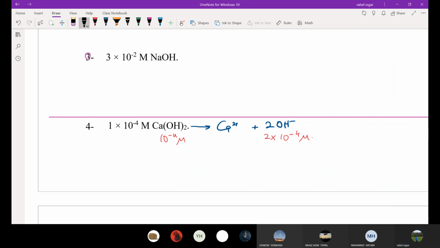Then the concentration of OH is now found, which is equal to 2 times 10 to the power of negative 4 molar.